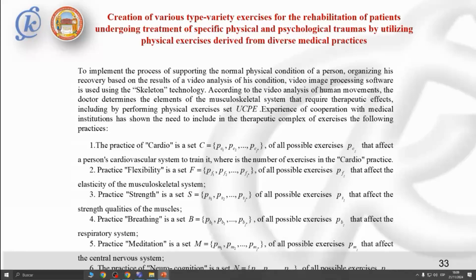And at the time, I managed a project for the rehabilitation of people who received problems from conflict.